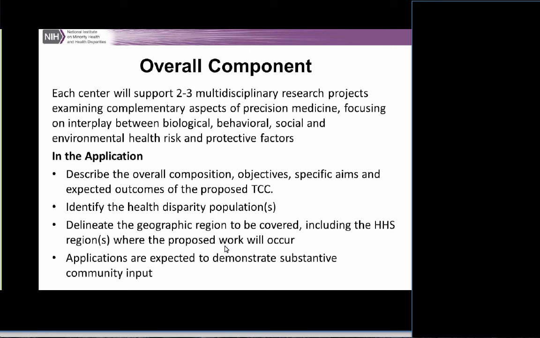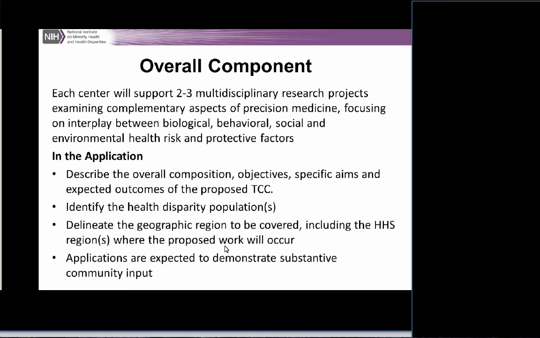Let's discuss the overall component. As I described earlier, TCCs supported through this initiative are expected to focus on at least one priority research area, and first identify and delineate the roles of the consortium partners. It's also important to think about the scientific rationale for selecting the partners and the populations to be included.